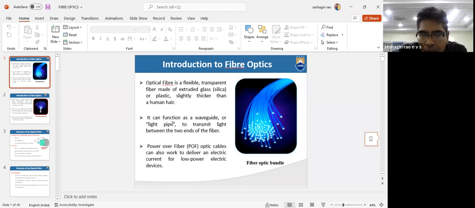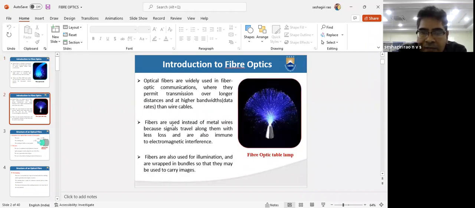The other use is power over fiber. Optical fiber cables can also deliver an electric current for low power electrical devices. So power over fiber is not covered here, but it is included in some parts of optical fibers. Optical fibers are widely used in fiber optic communications, where they permit transmission over long distances and at higher bandwidths than wire cables.